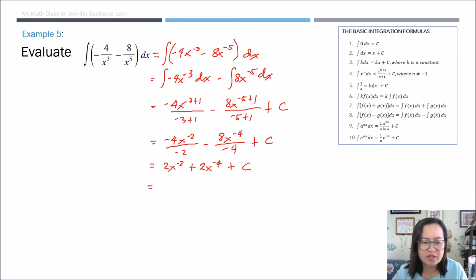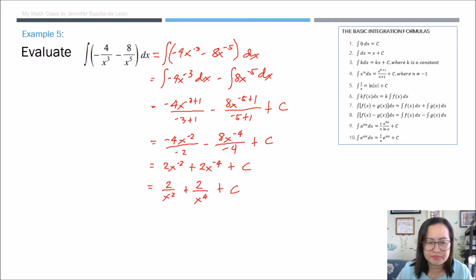So simplifying, we will have 2 over x squared plus 2 over x raised to 4 plus c. So the antiderivative of the given function is 2 over x squared plus 2 over x to the 4th power plus c.